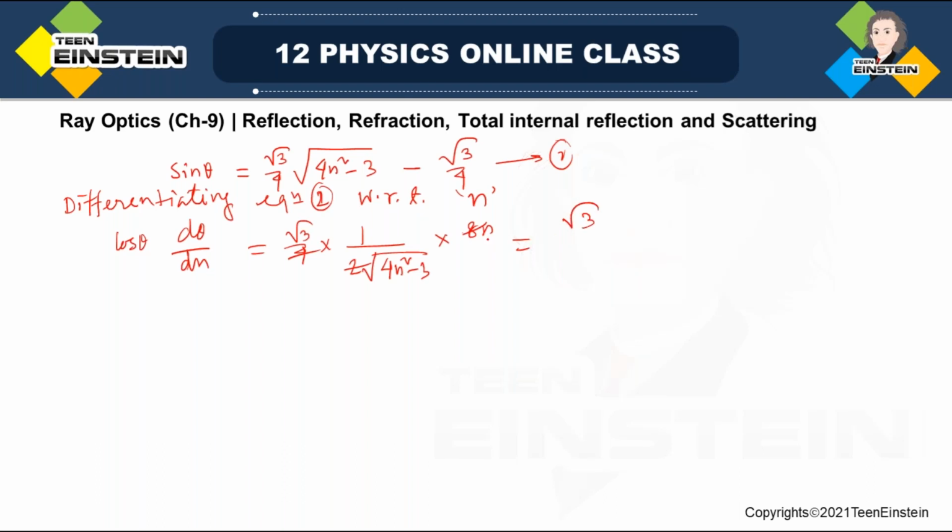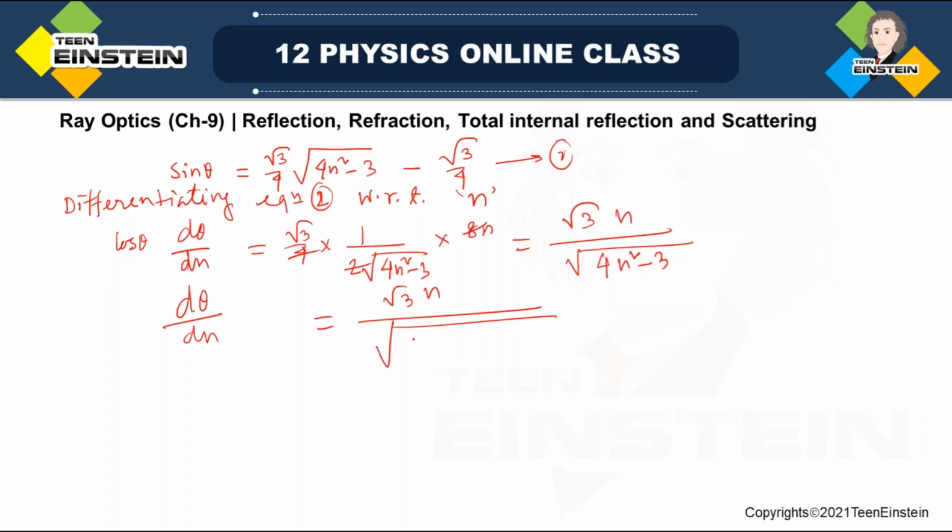Root 3n divided by square root of 4n square minus 3. So we have got this. So d theta dn is root 3n divided by square root of 4n square minus 3 into cos of theta here.